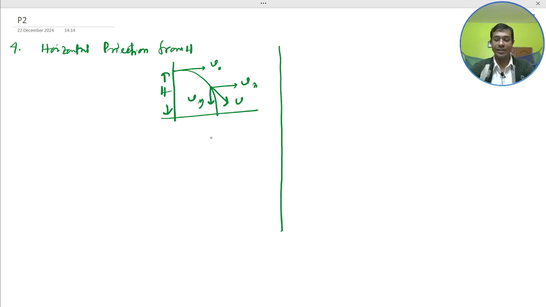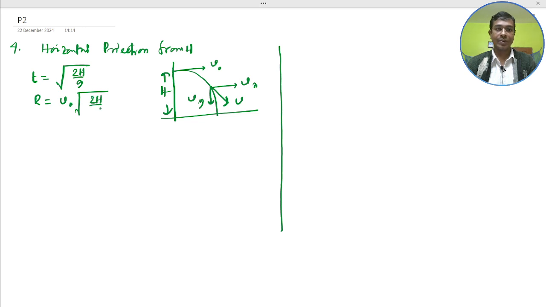So for that case the total time of flight t is equal to root over 2h by g, and the range R is v naught into the time of flight, root 2h by g.